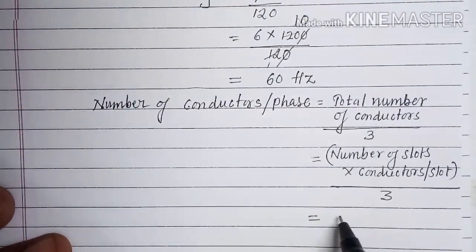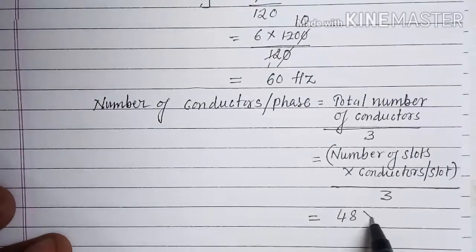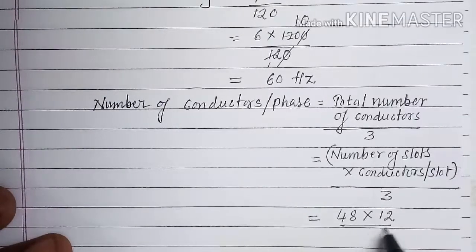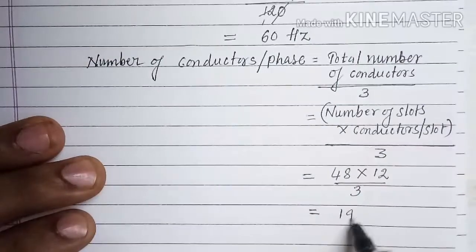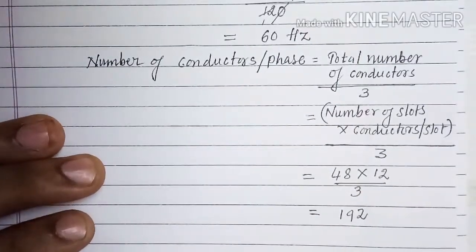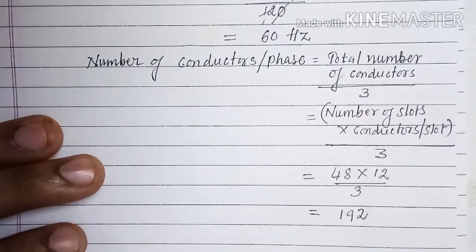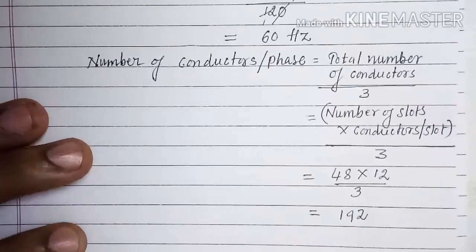Number of slots is 48. In each slot there are 12 conductors. Now divide this by 3. We get 192 conductors per phase.